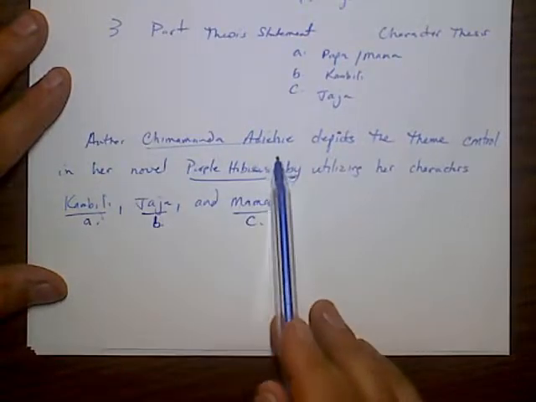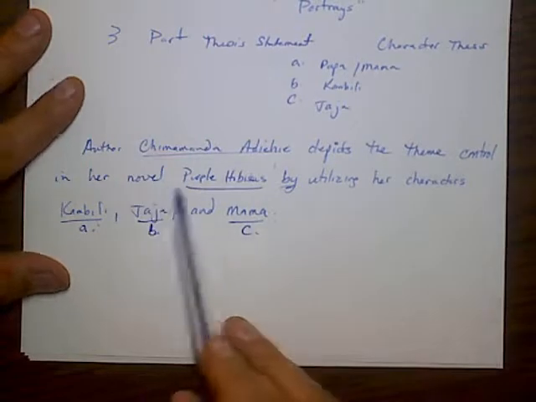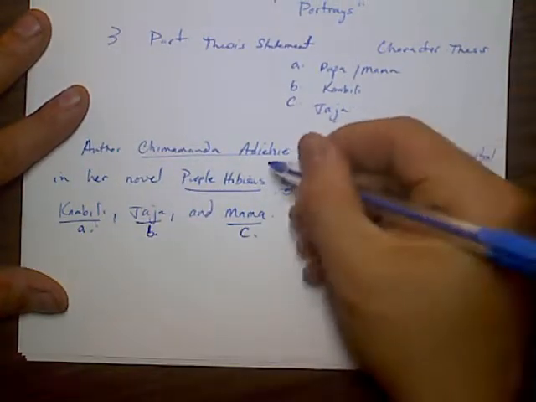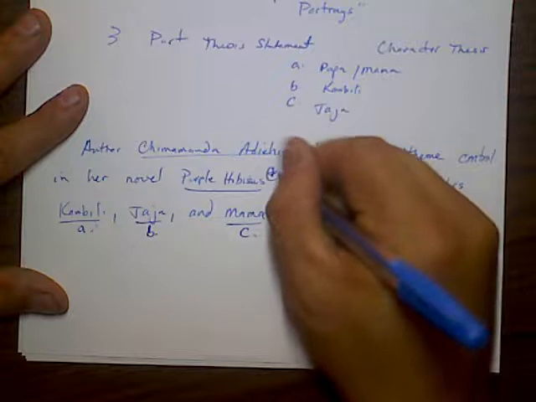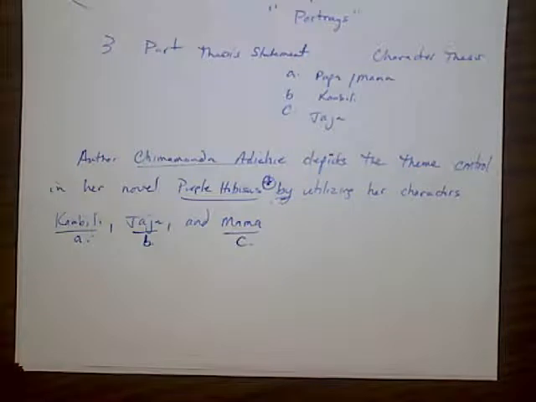Author Chimamanda Adichie depicts the theme of control in her novel Purple Hibiscus, and maybe at this point here, I'm going to add in what that message is from my perspective, what I believe Adichie was trying to say about control. Control is often created through the usage of fear and can appear in many aspects of daily lives. I don't know, whatever that universal message might be.